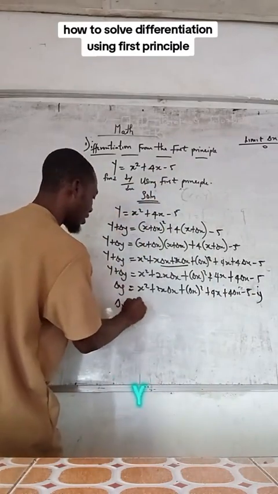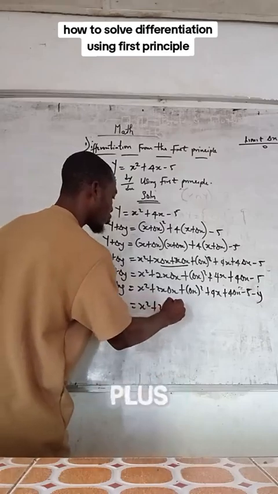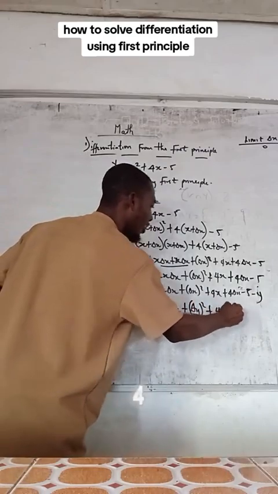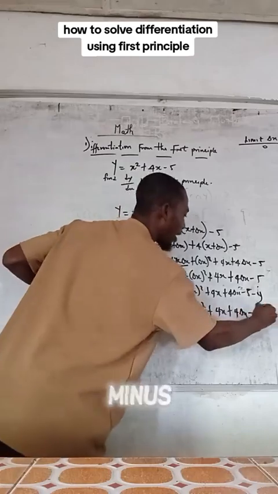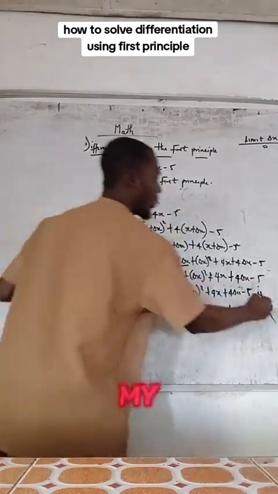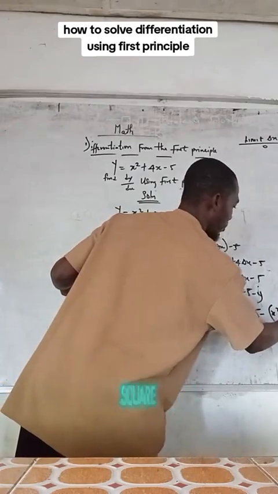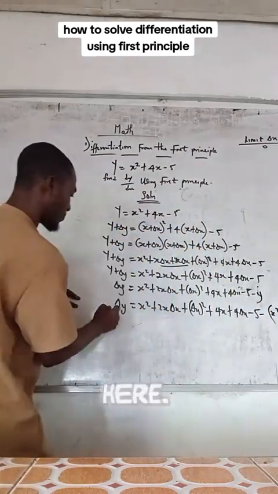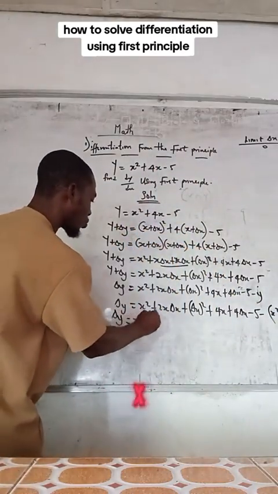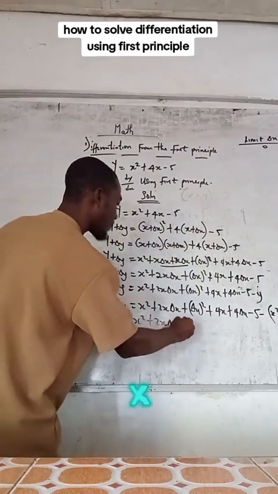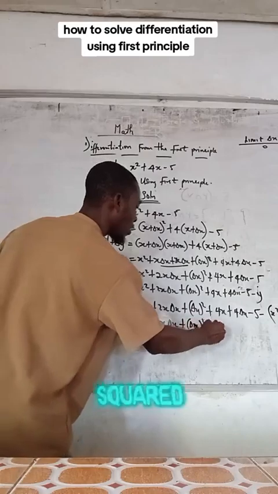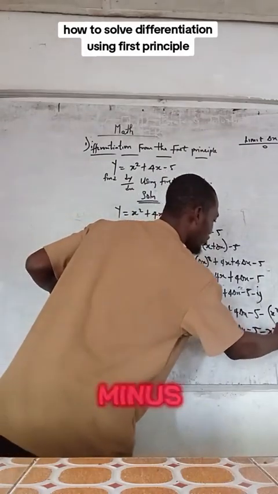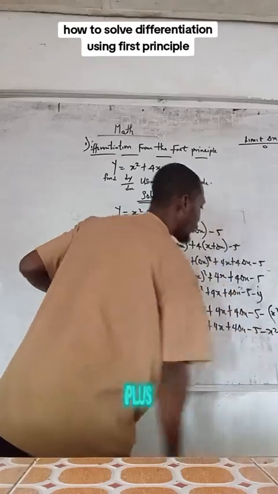This minus affects everything inside the bracket, so I get x squared plus 2x dx plus dx squared plus 4x plus 4 dx minus 5 minus x squared minus 4x plus 5.